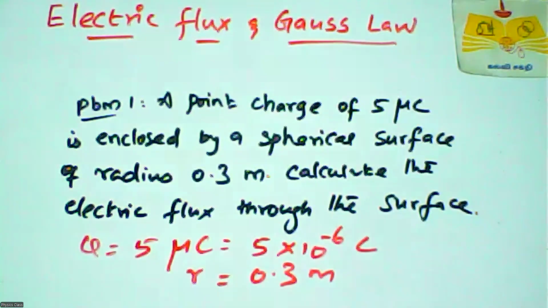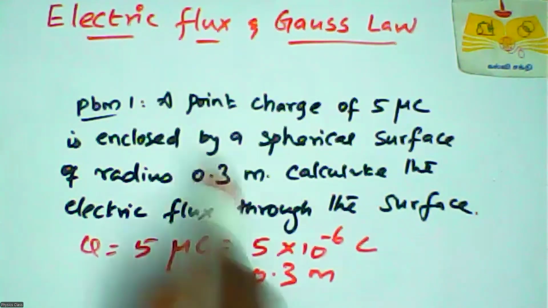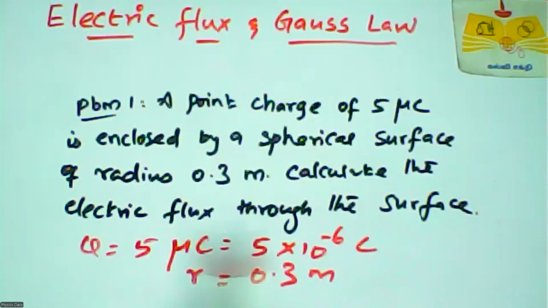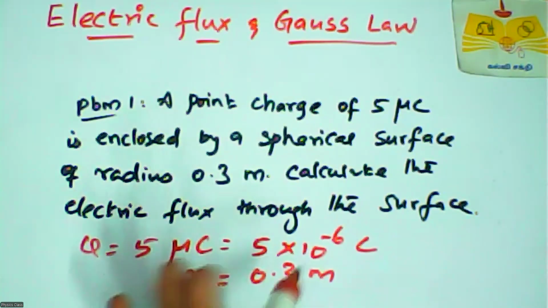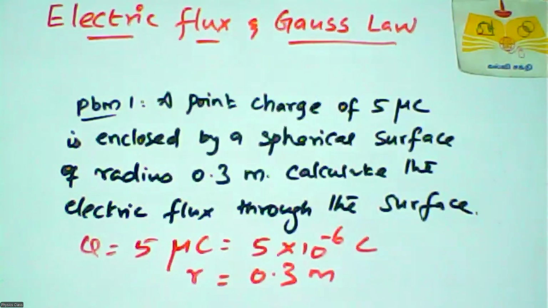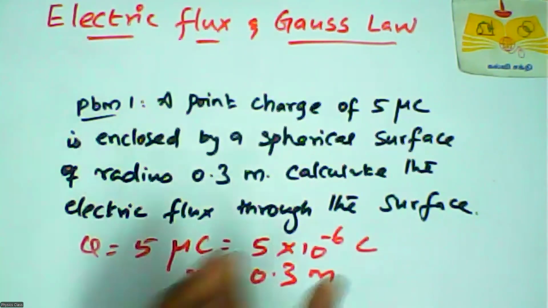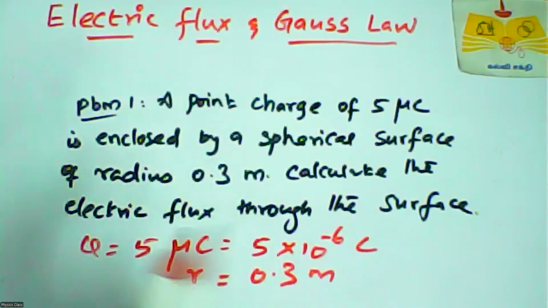These are the data given. According to Gauss law, the total electric flux through a closed surface depends only on the enclosed charge, not the size or shape of the surface.